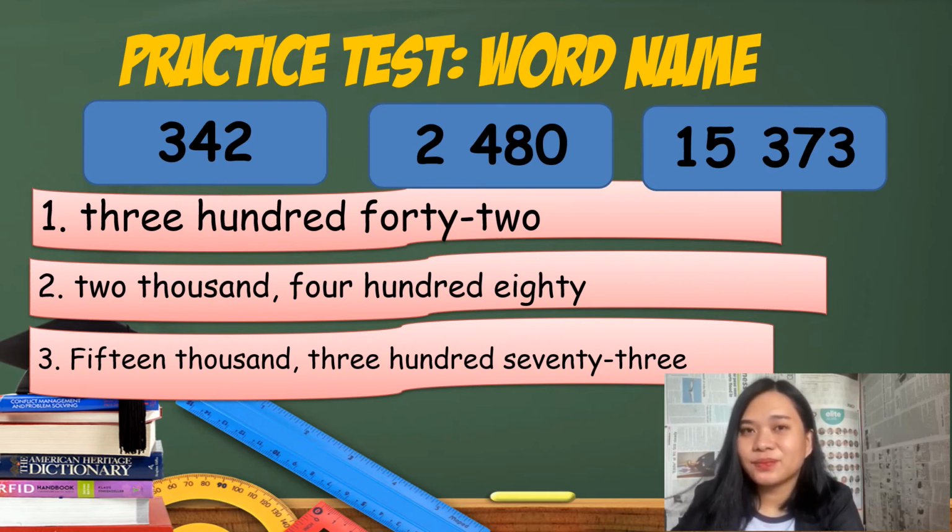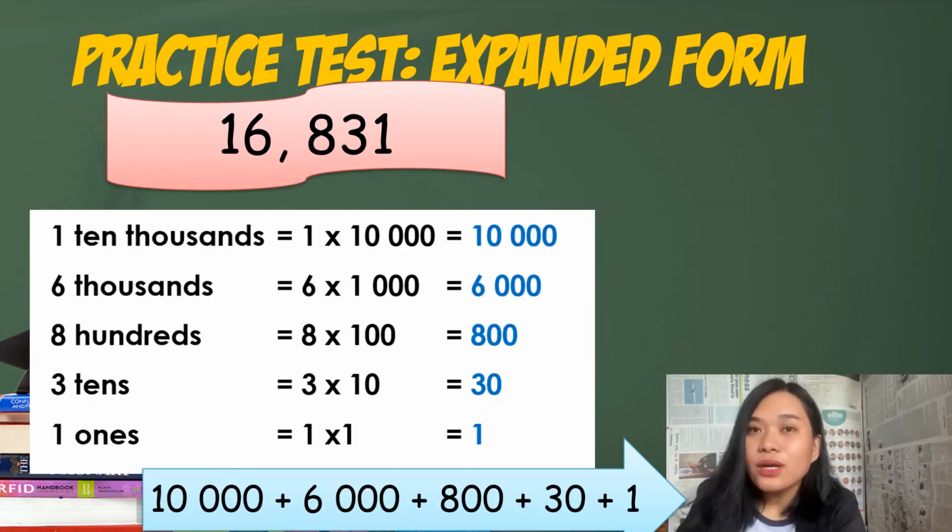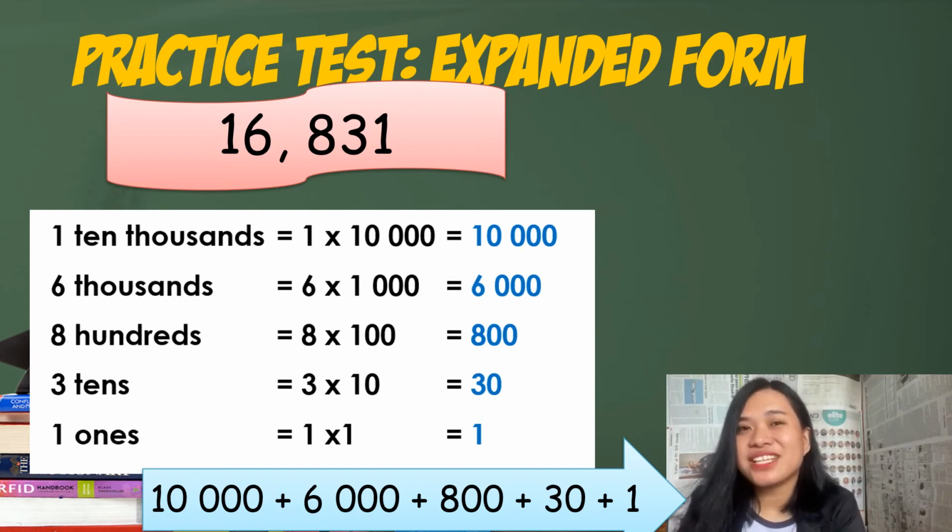The answer is, and number 3, we have 15,373. The answer is, though we try to express number in expanded form through place value.